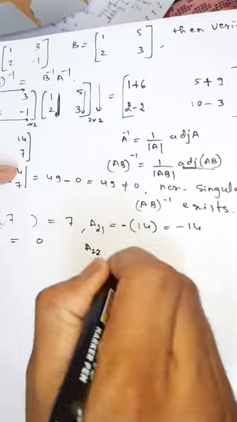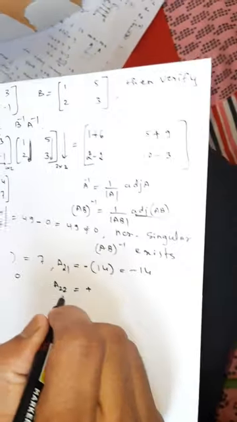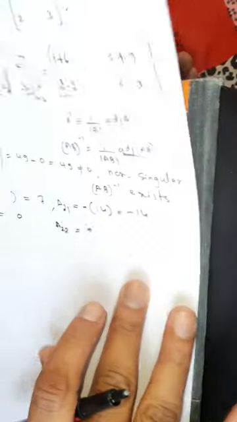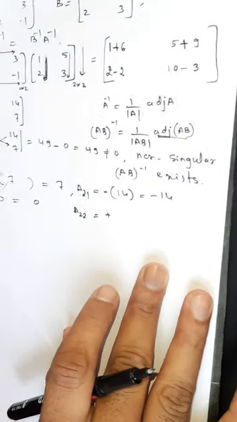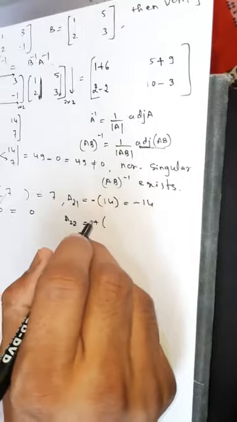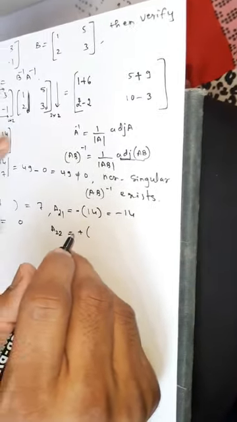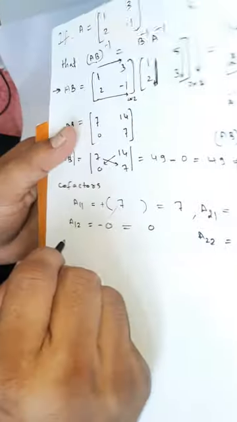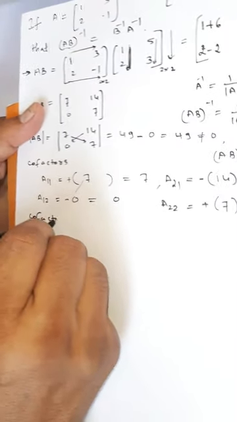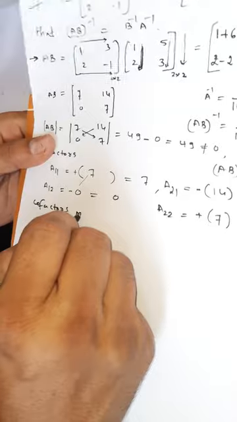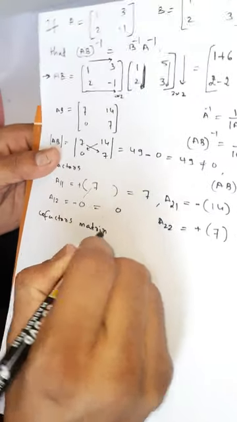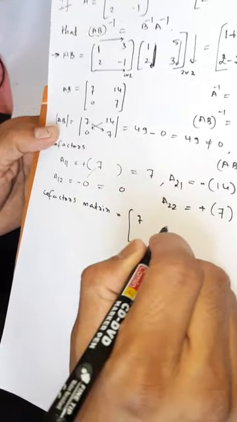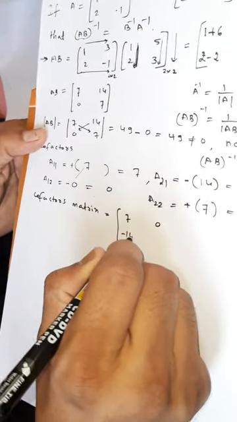Then A22: 2 plus 2, 4, an even number, so plus, into the element obtained by deleting second row, second column, that is 7. So then we write the cofactors matrix. The cofactors matrix is formed by the cofactors of the elements of the given matrix. The cofactors matrix is [7 0; -14 7].